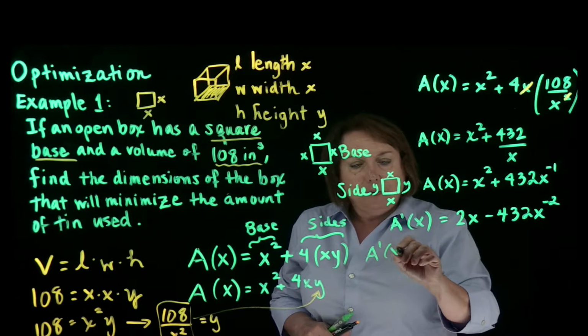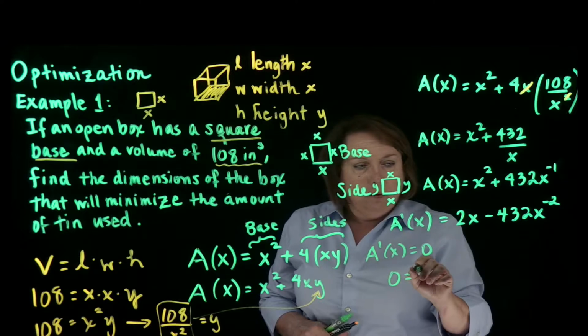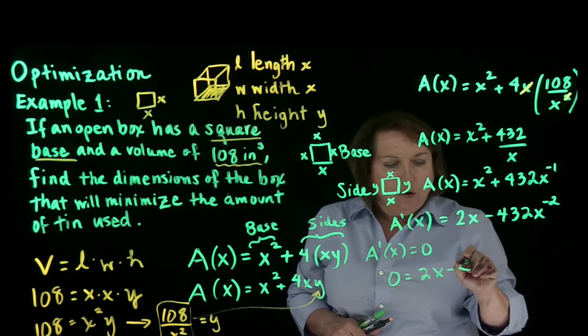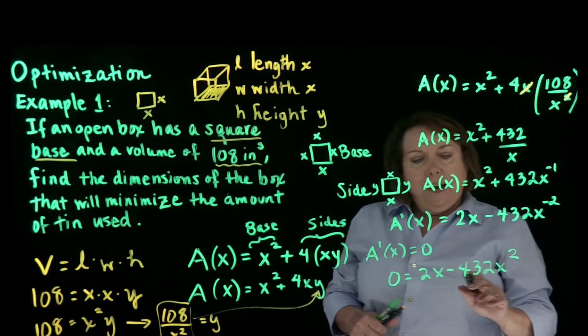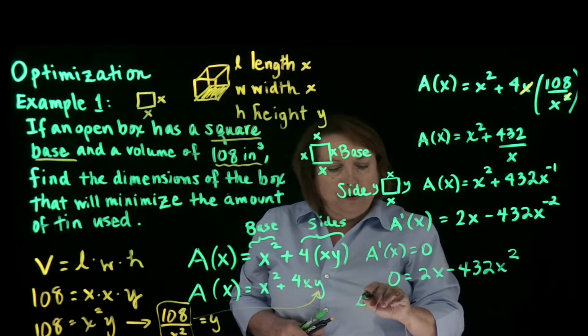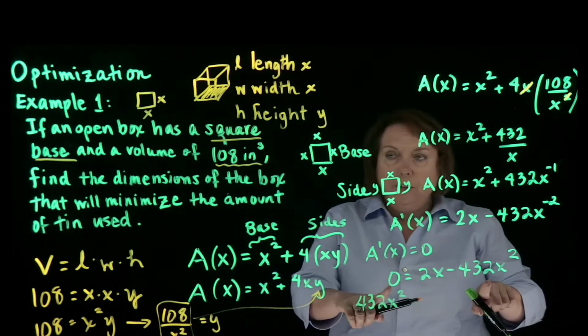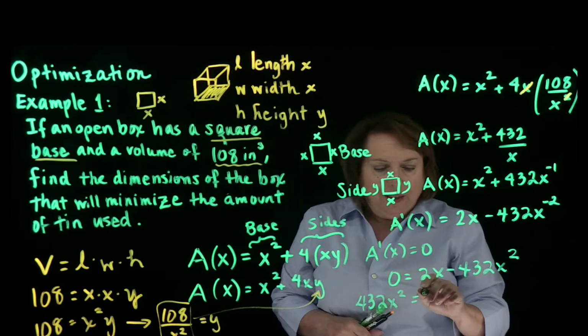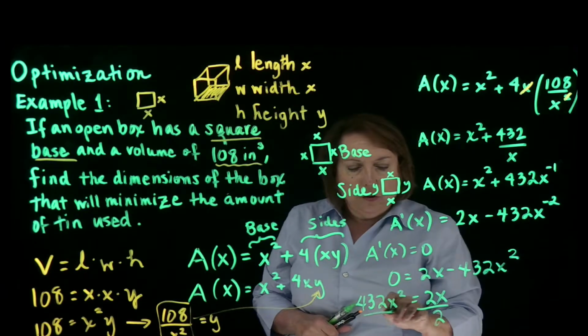We want to set the derivative equal to 0. So 0 equals 2x minus 432x squared. Let's go ahead and move the 432x squared to the left side by adding it to both sides. And then that will be equal to 2x. I can divide out the 2.